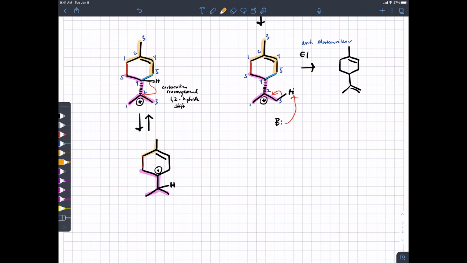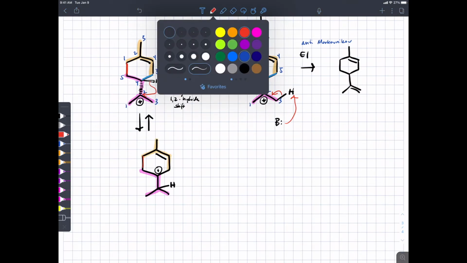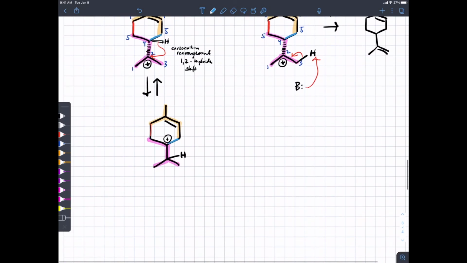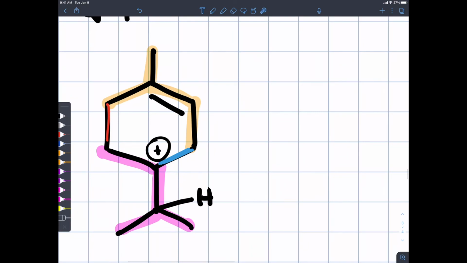But wait, there's more. Now you have in the same molecule a positive charge across the ring from this alkene, and the shape of the ring is such that we can do this.